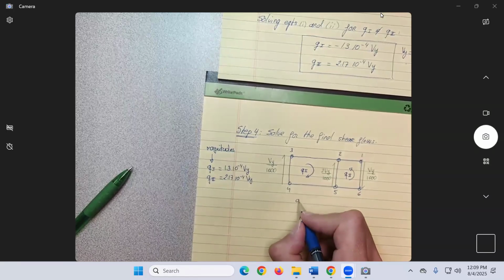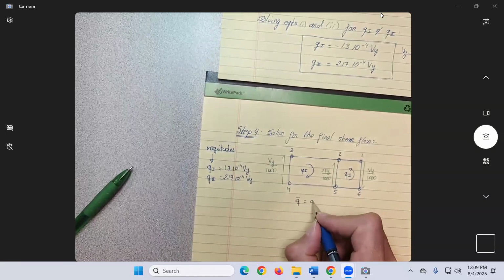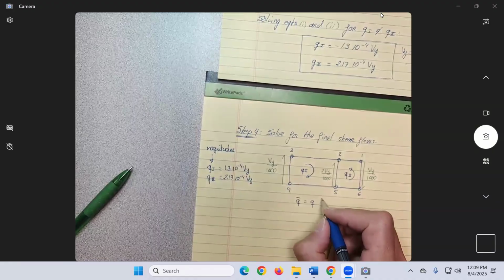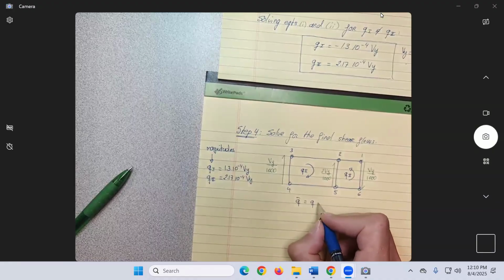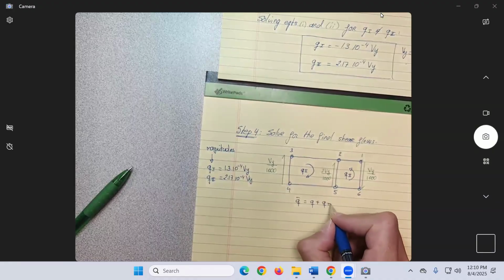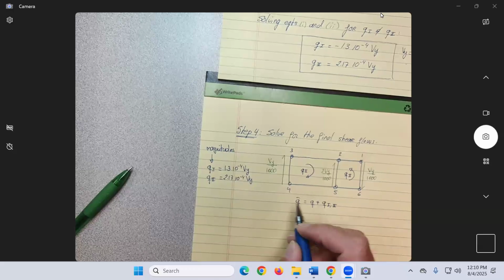Okay, so remember we defined before the final shear flow will be equal to Q plus Q1 or Q2, but you need to be careful with the sign.